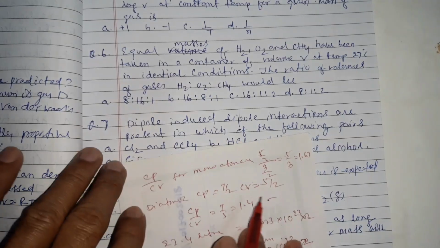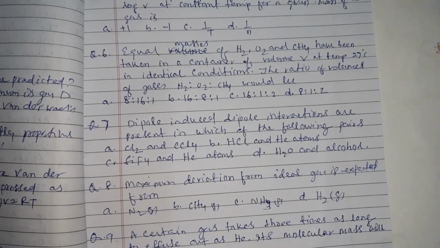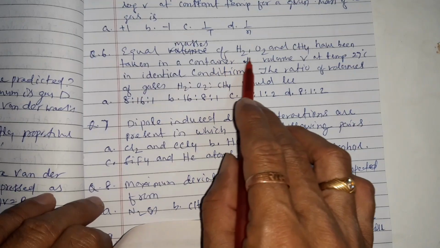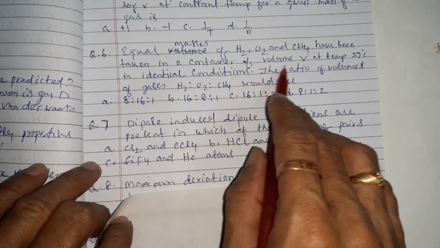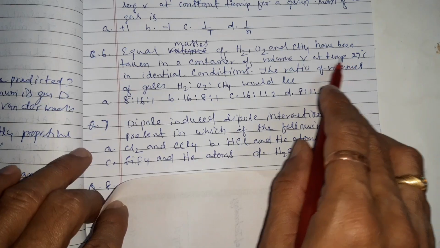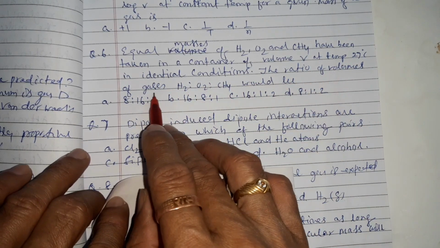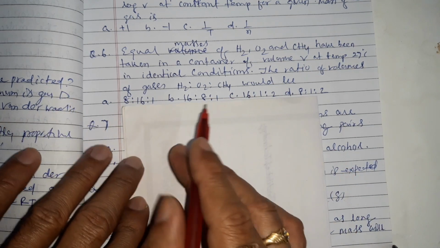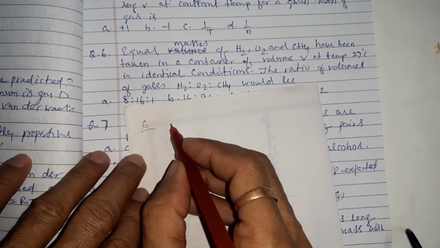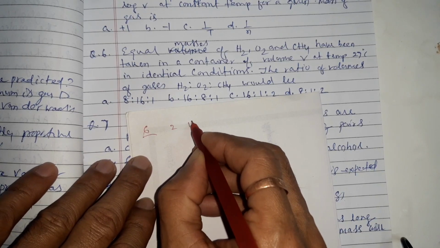Next question. Equal masses of hydrogen, oxygen, methane have been taken in a constant volume at temperature 27 degree in identical conditions. The ratio of volumes of gases hydrogen, oxygen, methane would be what? Question number 6. Let us take 2 grams weight of hydrogen.